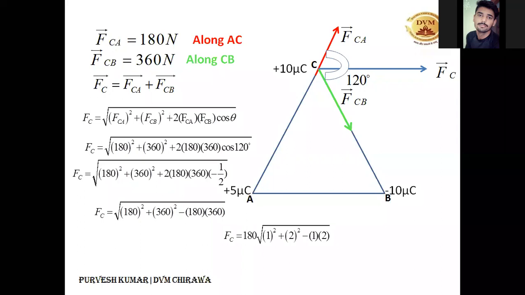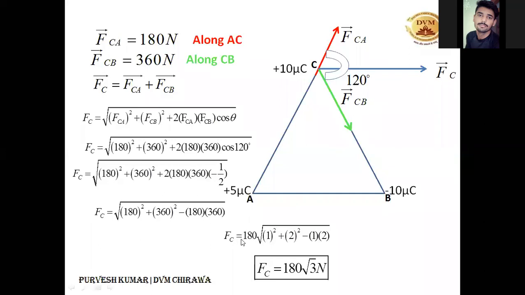So I can take 180 out of the square root, and in place of this, I can easily write 1 square plus 2 square minus 1 into 2. 2 gets cancelled out with 2. 2 square is 4, plus 1 is 5, minus 2 is 3. So in the root you are left with root 3.